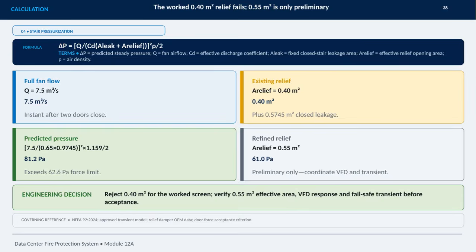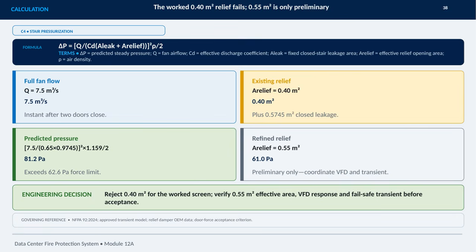This slide works through the pressure calculation for stair pressurization, using full fan flow immediately after 2 doors close. The governing relationship predicts steady pressure from fan airflow, discharge coefficient, air density, and the combined area of fixed leakage and effective relief opening.